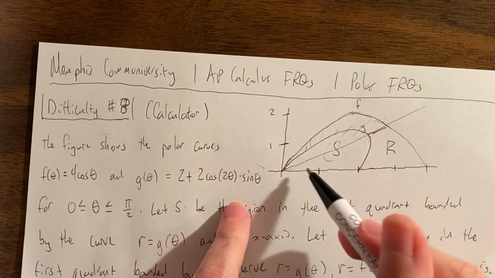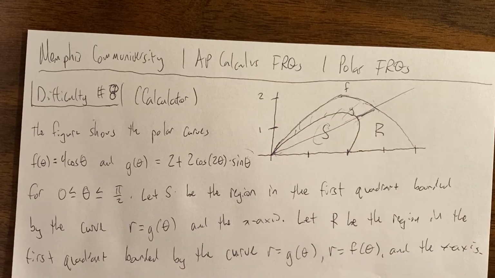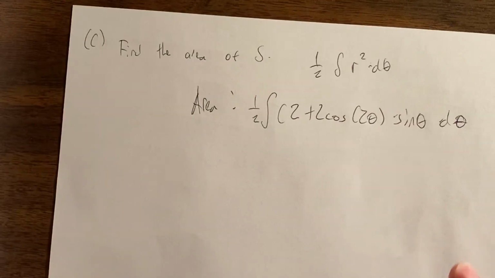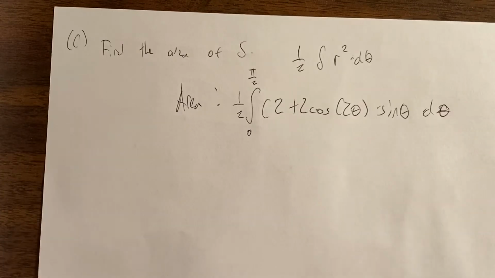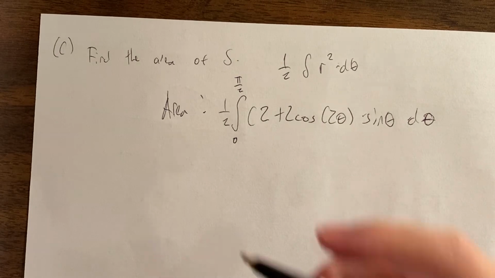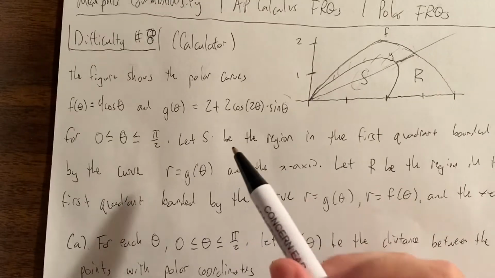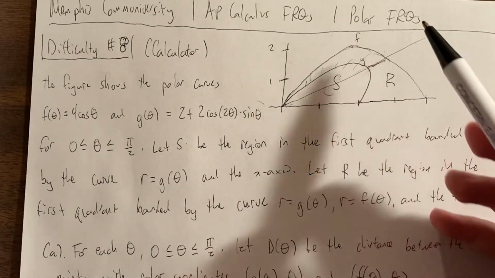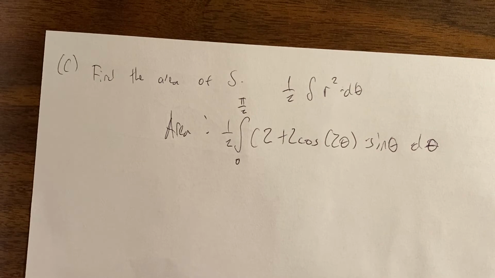So it'll be 2 minus 2, and that's why you're going to be at the origin, because you have radius 0. So in this case, the hard part about these area questions was actually pretty easy. It was just 0 and pi over 2. Not too bad at all. So again, this is just the area formula. Same thing as normal. Here, the area was actually pretty easy because the intersection points were given to us, and always the intersection points are what are tricky in this integral.